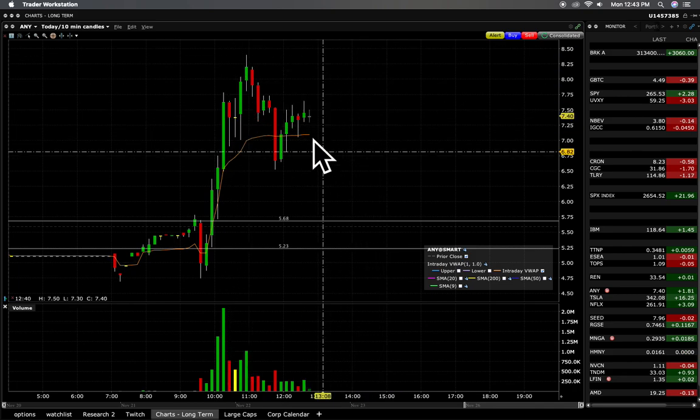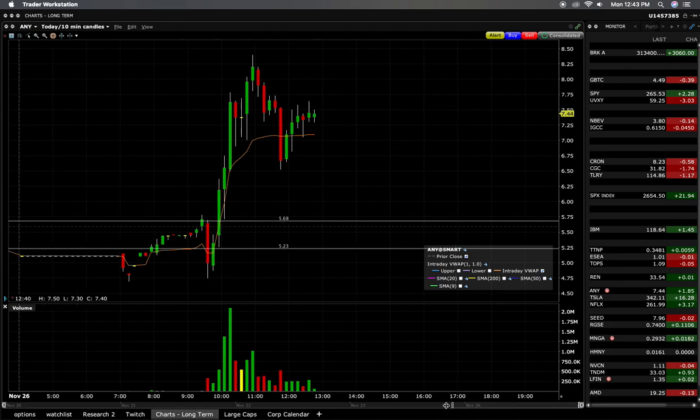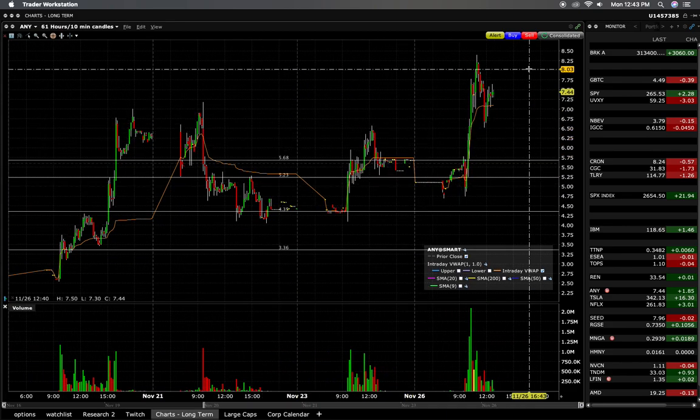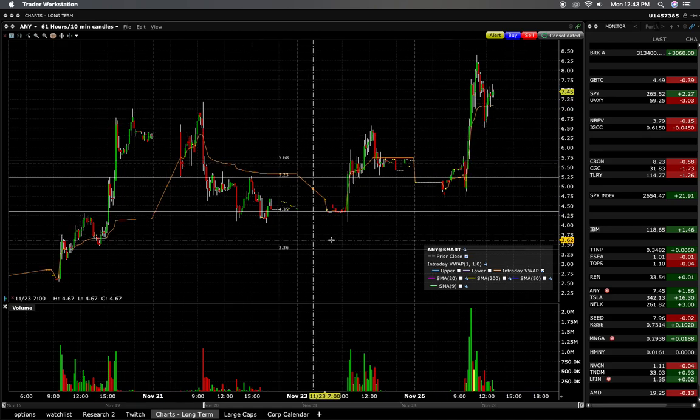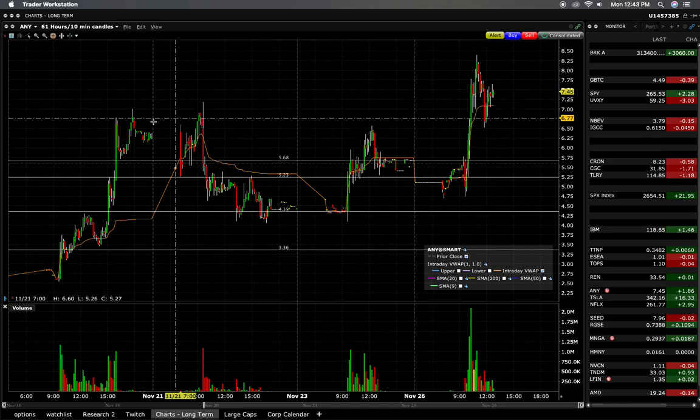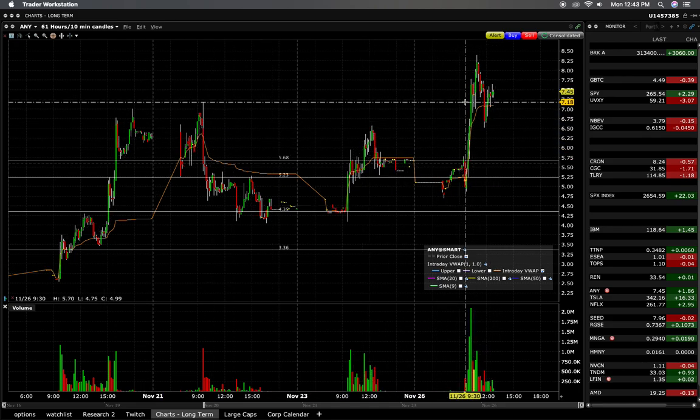And I was mentioning that about ANY. If we back this up a little bit, the float of this stock has rotated many times throughout the past couple of days. So this stock is way, way up on air.